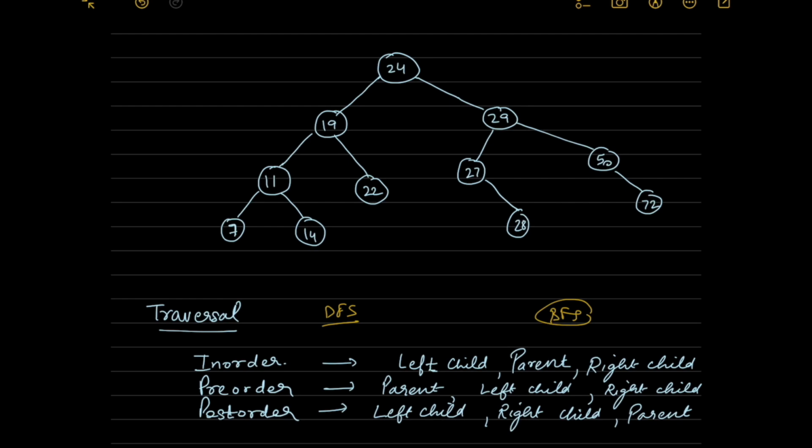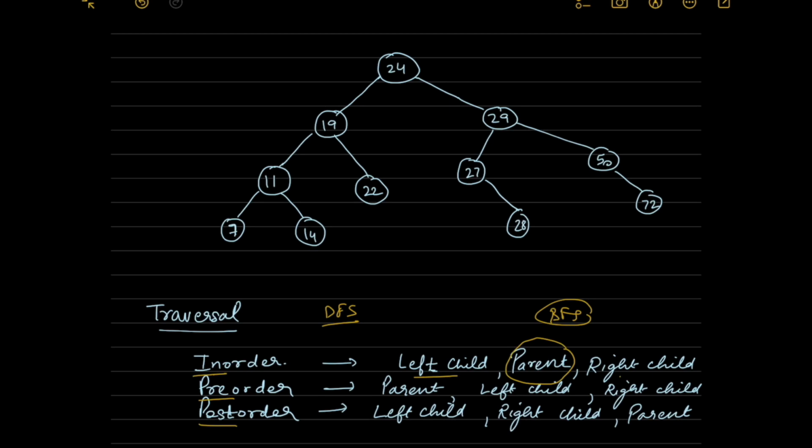To remember all of these, there's a very basic difference. When we talk about in-order, we are talking in terms of where the parent node would be present with respect to the left and the right. So when it says in, the root node would be in between left and the right. This is being talked about in terms of traversal, which basically means we are moving from one node to another, to the third, to the fourth, and so on.